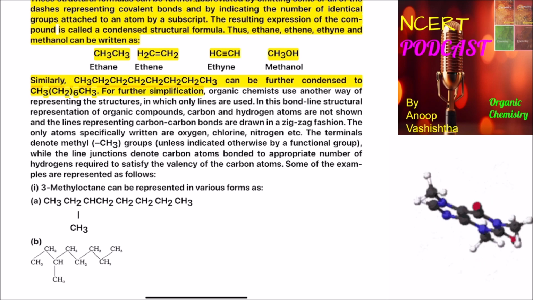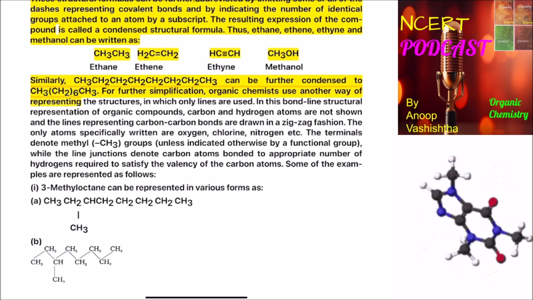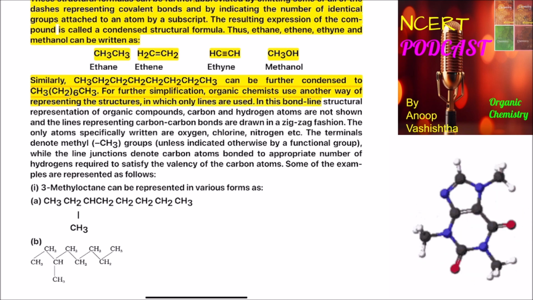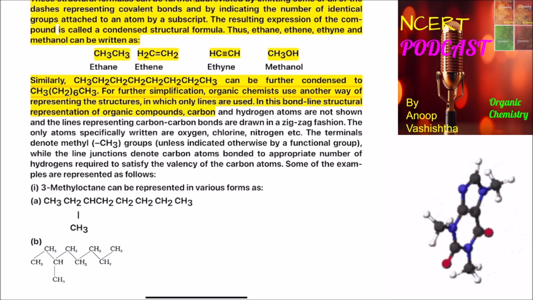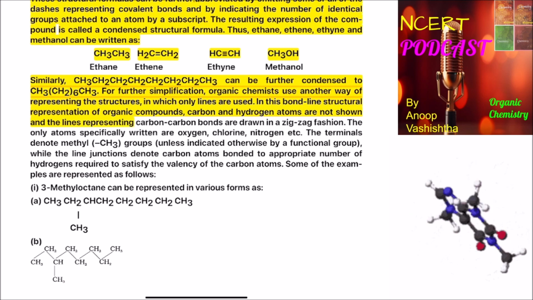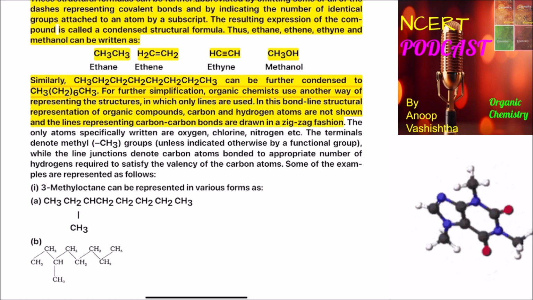For further simplification, organic chemists use another way of representing the structures in which only lines are used. In this bond line structural representation of organic compounds, carbon and hydrogen atoms are not shown, and the lines representing carbon-carbon bonds are drawn in zigzag fashion.